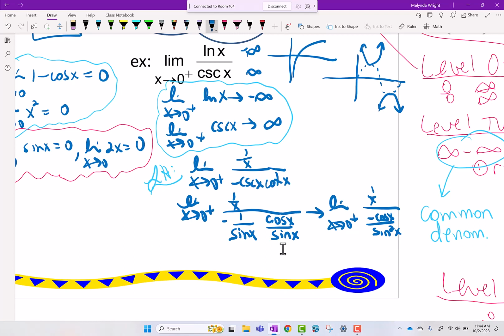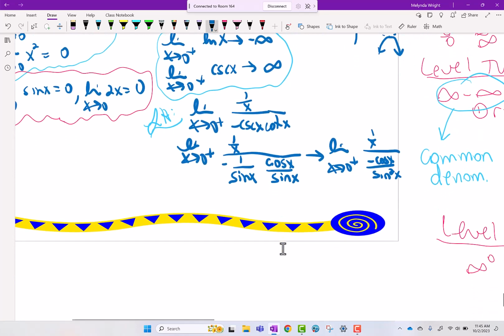Keep the numerator, change the division to multiplication, and flip the denominator. That you probably learned in, I don't know, middle school or elementary school. So I keep the numerator, I change division to multiplication, and I'm going to flip the denominator upside down. So sine squared x over negative cosine.